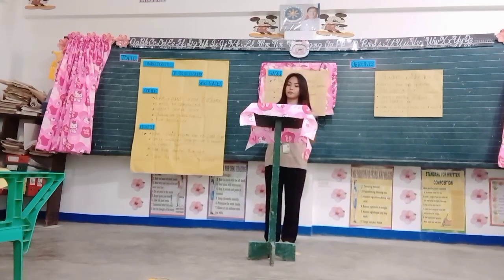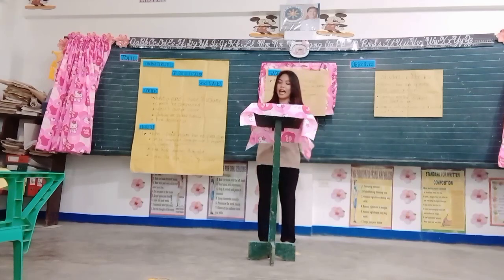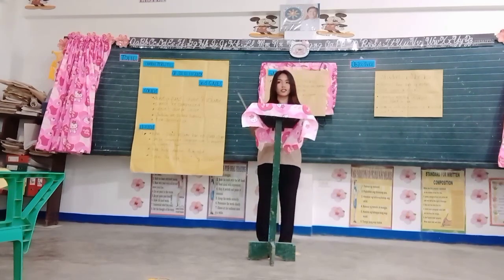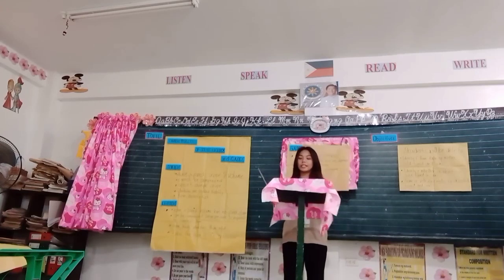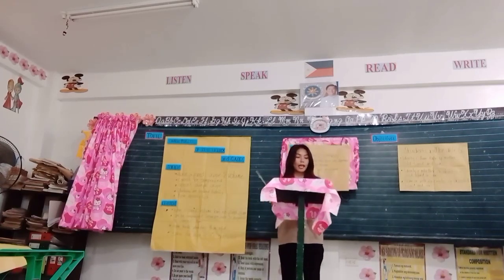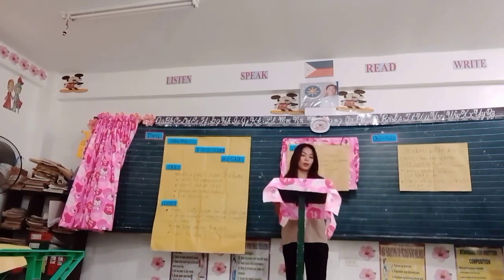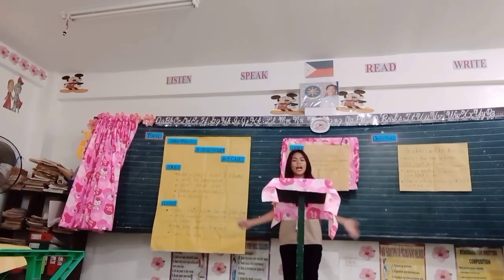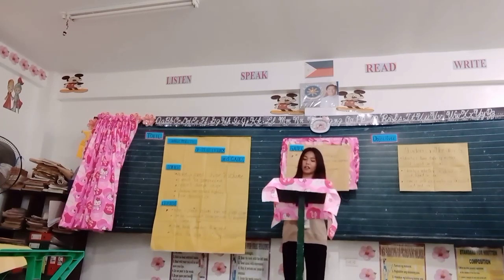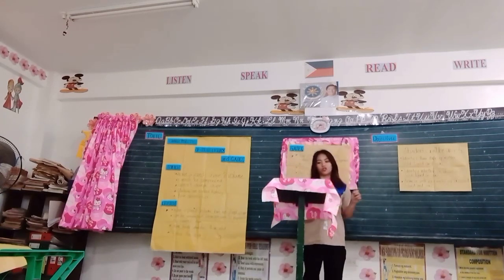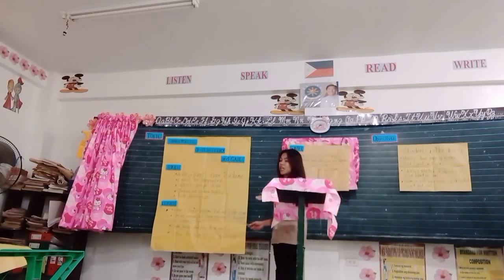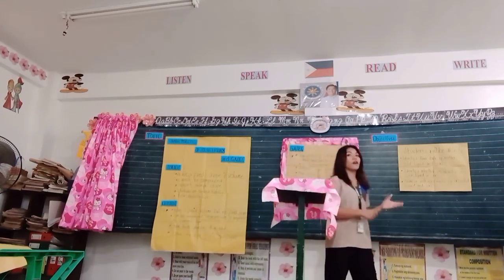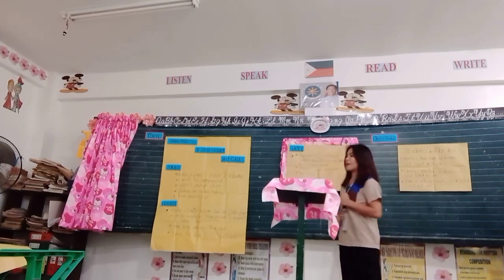What else? Yes, a lectern. Very good. This lectern is an example of solid. Yes, class, we have plenty of solid state of matter in our classrooms. Most of our things here are examples of solid state of matter.